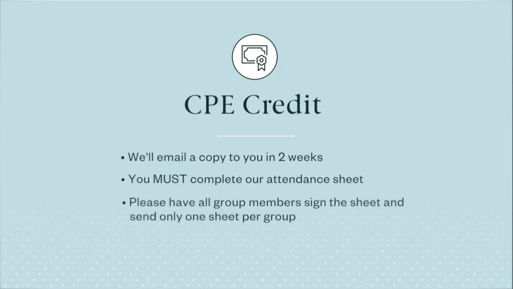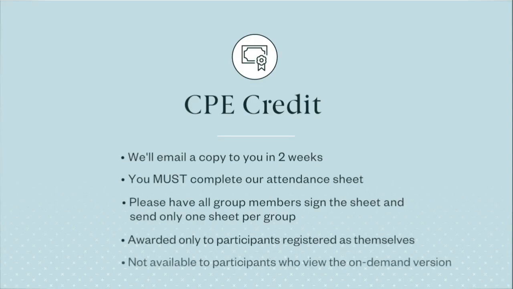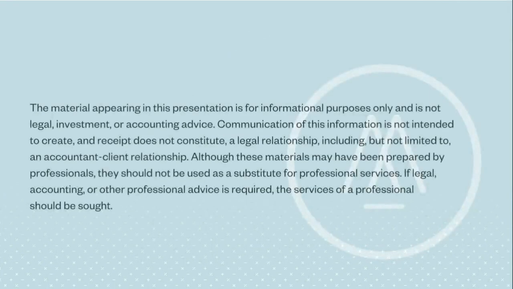Please have all group members sign it and send only 1 sheet per group. Also note that CPE credit can be awarded only to participants registered as themselves and isn't available to participants who view the on-demand version. As a reminder, the presentation you're about to see isn't legal, investment, or accounting advice. We encourage you to seek the counsel of a professional service provider to apply this content to your specific circumstances.